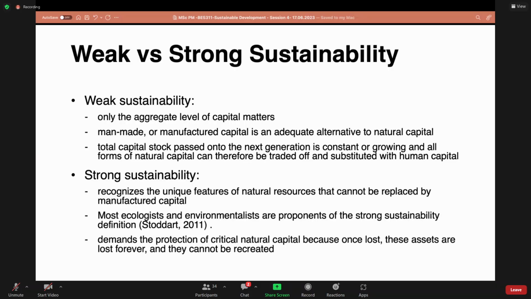You cannot replace those things with what we produce, what we manufacture. So what many ecologists or environmentalists say is that there are certain forms of this natural capital. If you lose them once, they are lost forever. You cannot bring them back. So there are certain species, maybe, if they go extinct, they are gone forever. You cannot recreate them.